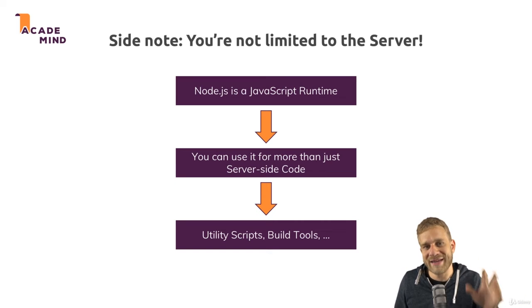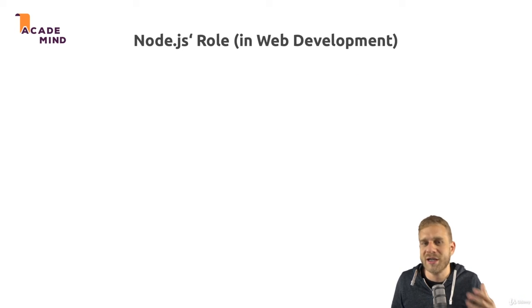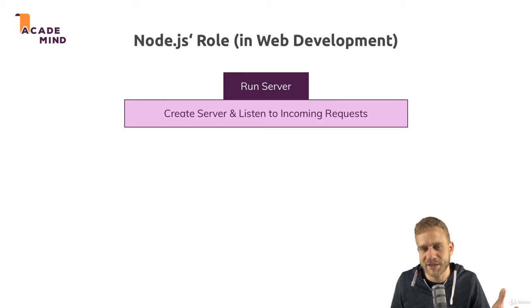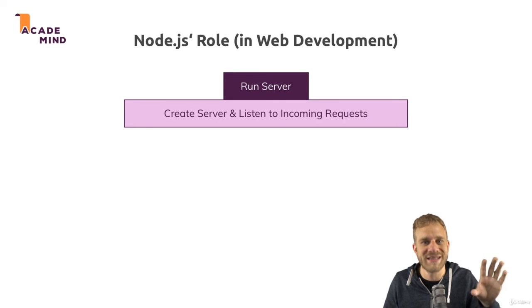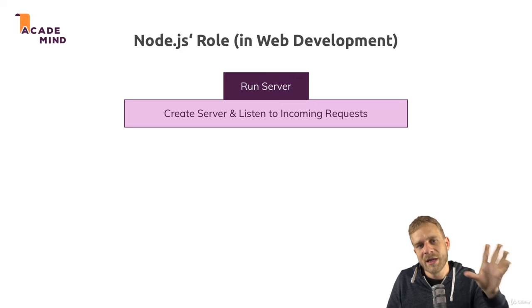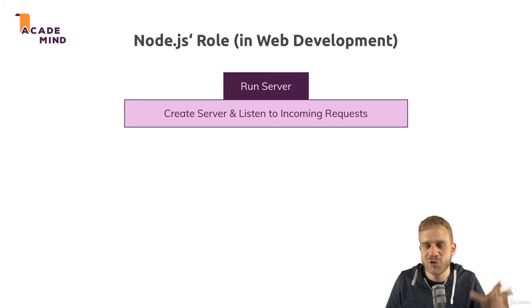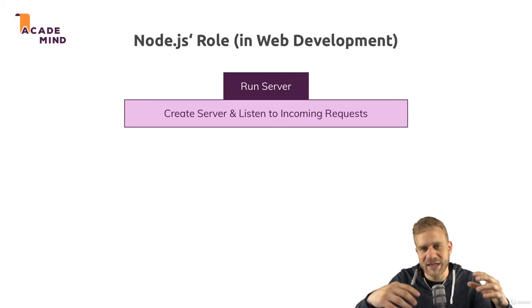In general, and that is the most popular thing you do with Node.js though, you use it in the context of web development and server-side code. So you use it to run a server, and that is an important difference to PHP, for example. With Node.js, you don't just write the code that is running on your server, you also write the server yourself.